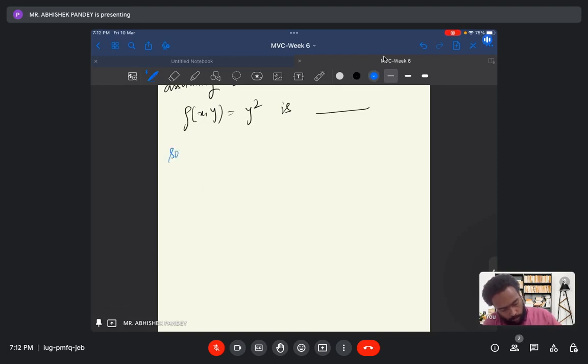So the solution is, basically the mass will become the double integral of rho of x comma y dx dy.